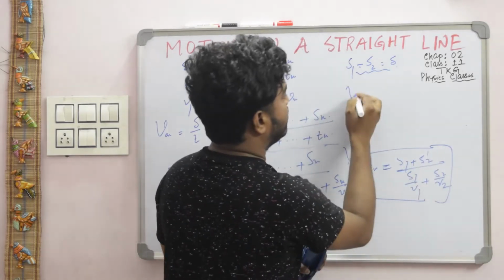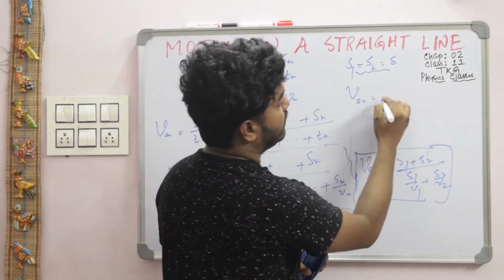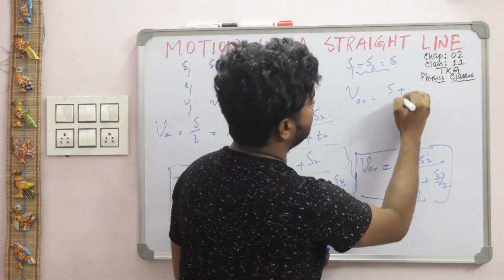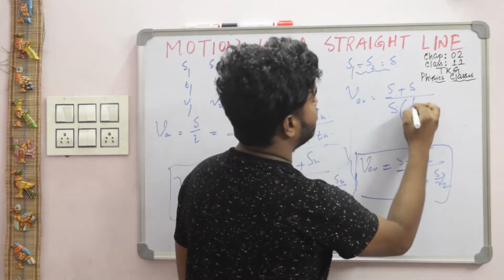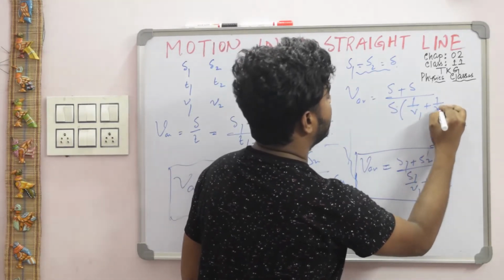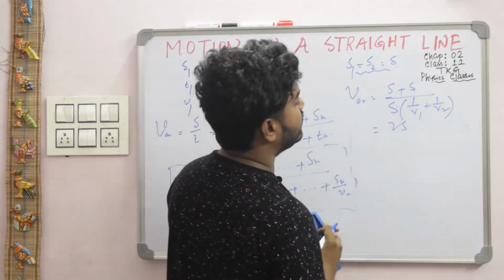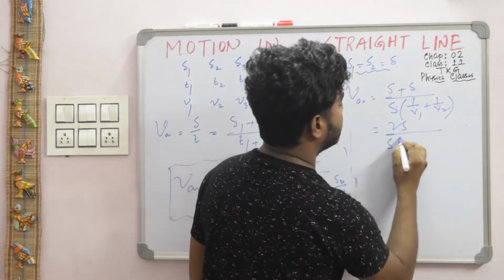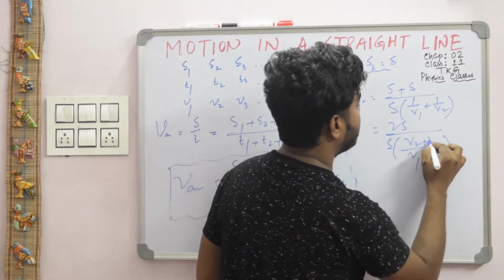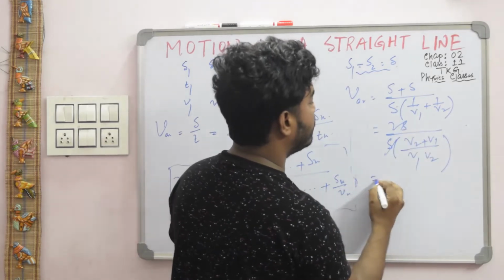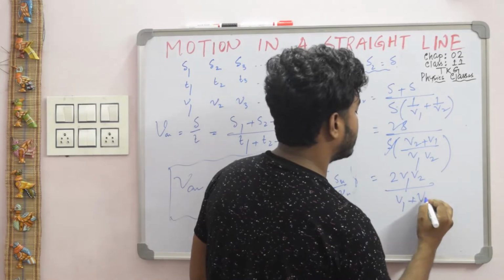As s1 and s2 are equal, we can write s plus s divided by, taking s common, 1 by v1 plus 1 by v2, that is 2s divided by s times the LCM v1 v2, so this one will be v2 plus v1, s cancels out, that is 2 v1 v2 divided by v1 plus v2.